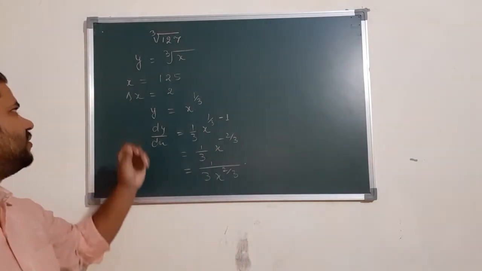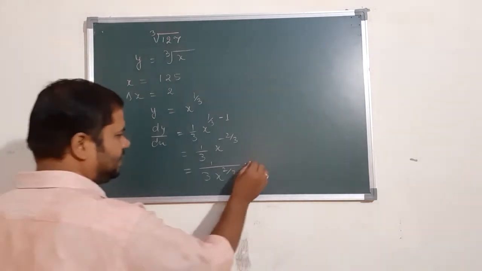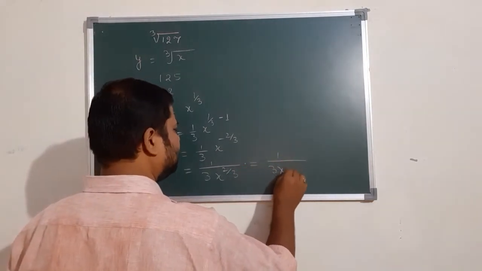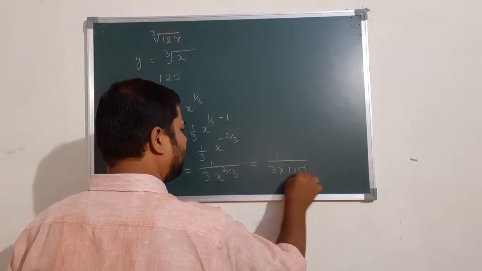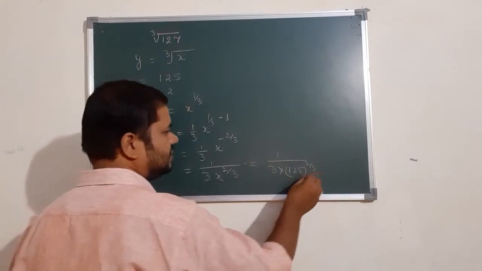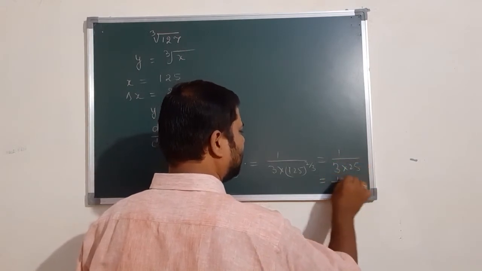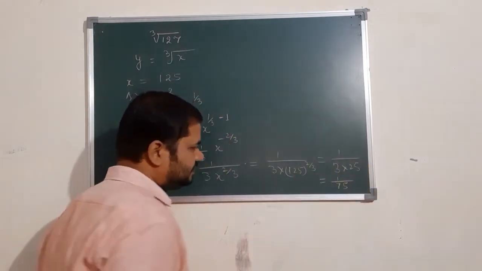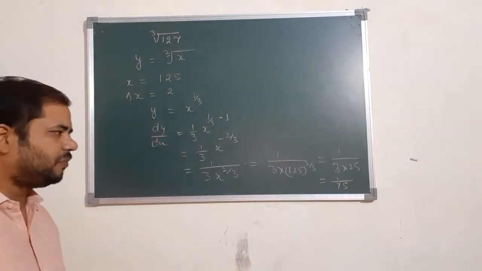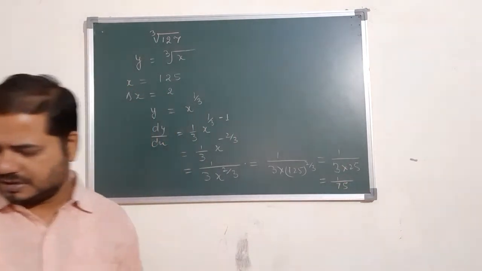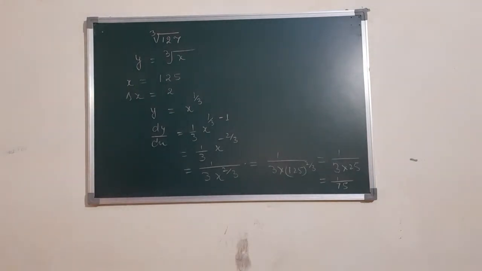So as x is equal to 125, we write here 1 by 3 into 125 to the power 2 by 3, so this is 1 upon 3 into 25, this is 1 upon 75.